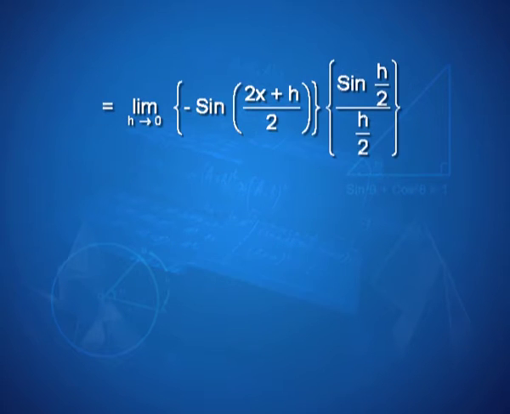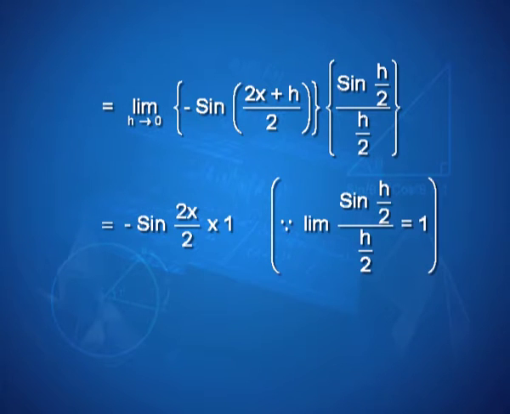That is equal to limit minus sin 2x plus h upon 2 into sin h upon 2 divided by h upon 2 as h tends to 0. As we know, limit sin h upon 2 upon h upon 2 as h tends to 0 can be written as 1. The given limit can be simplified as minus sin into 2x upon 2 into 1. That implies f dash x is equal to minus sin x.